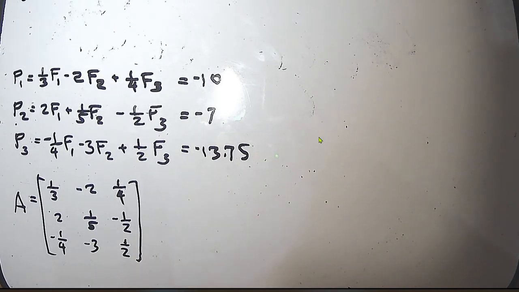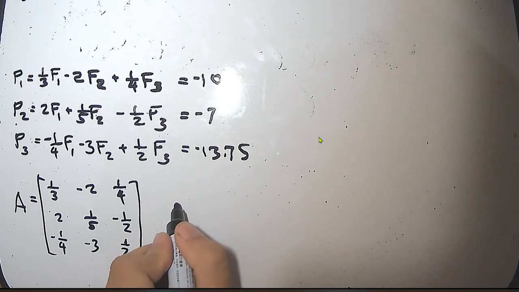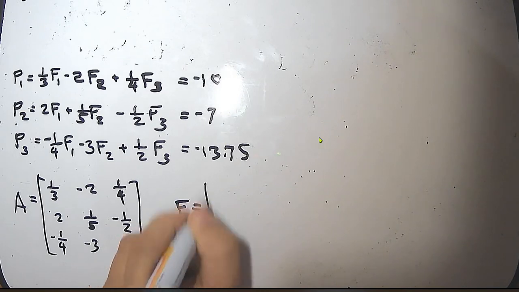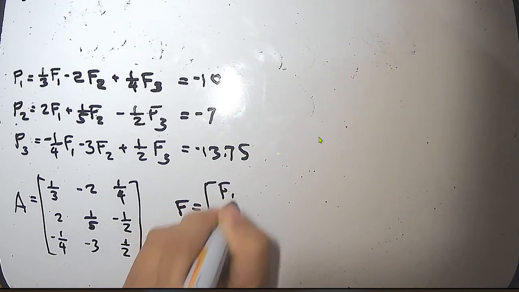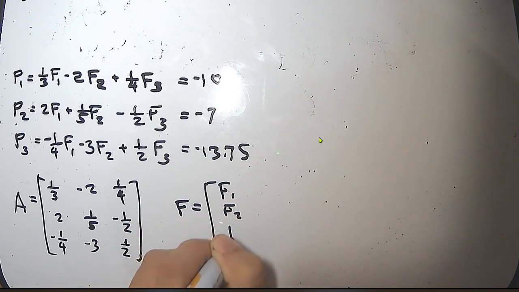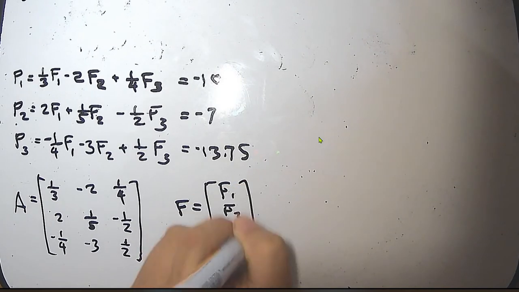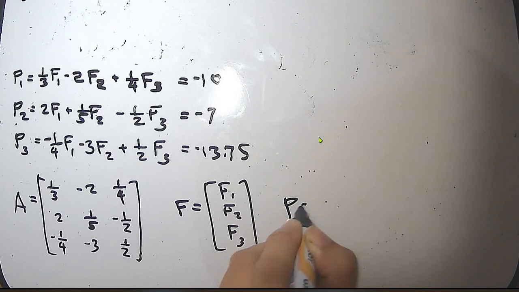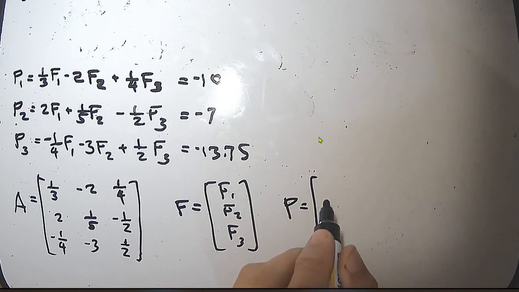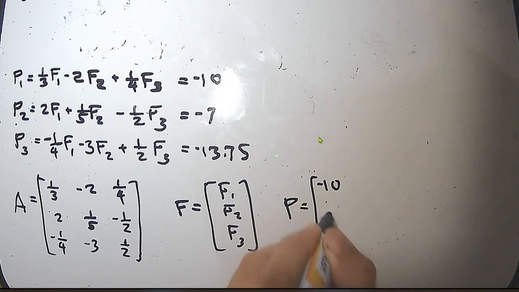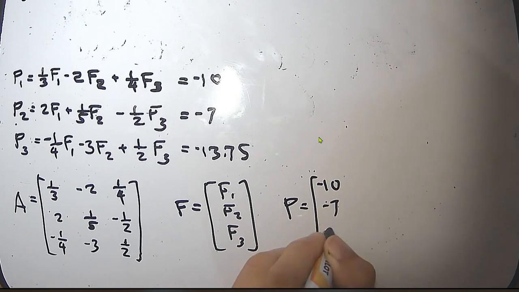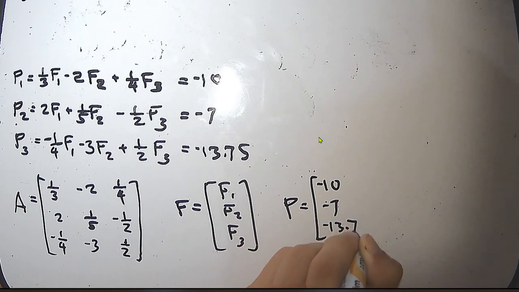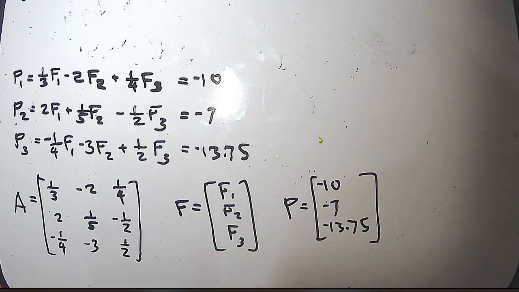So, our F matrix is simply F1, F2, and F3, followed by our P matrix or yung loads. You have negative 10, negative 7, tsaka negative 13.75. Okay, so remember that.